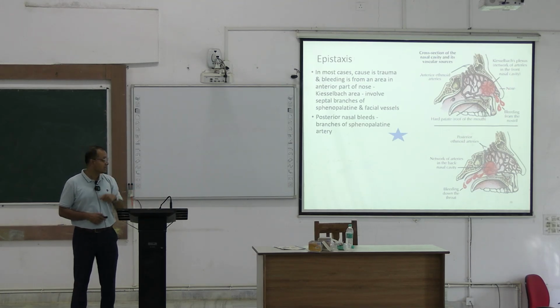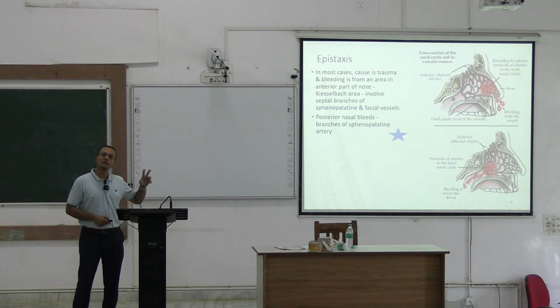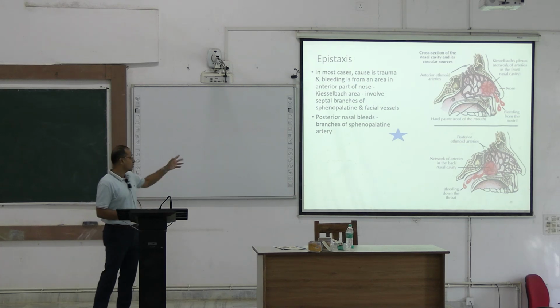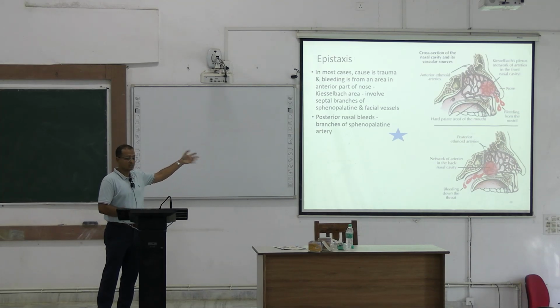If the epistaxis is coming externally, we call it external epistaxis. If it is coming through the posterior nasal opening into the mouth and coming out, we call it internal epistaxis. The cause of epistaxis is a bleeder from the sphenopalatine artery, greater palatine artery, facial arteries, or the labial or septal branches.